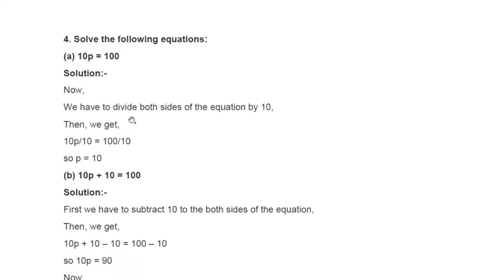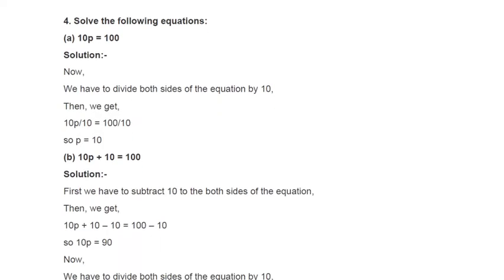Now we'll move to question number 4. So solve the following equation. Okay, this is a very easy part. Let's try it out. So we move to 10p equal to 100. 10p equals 100. So what we will do?